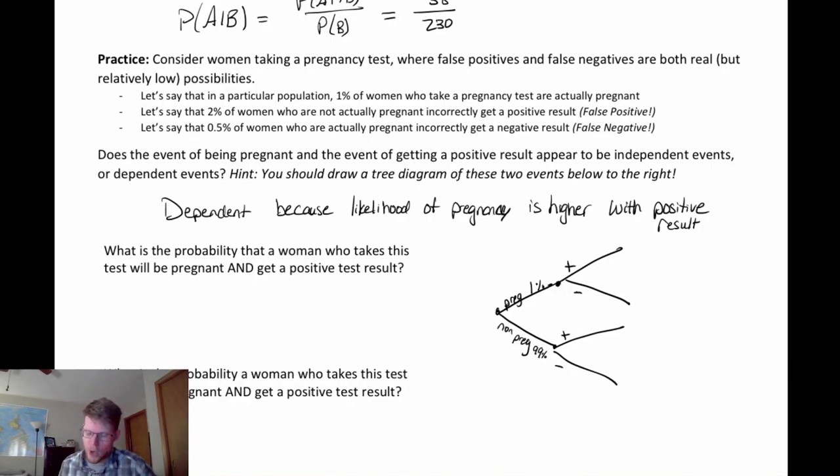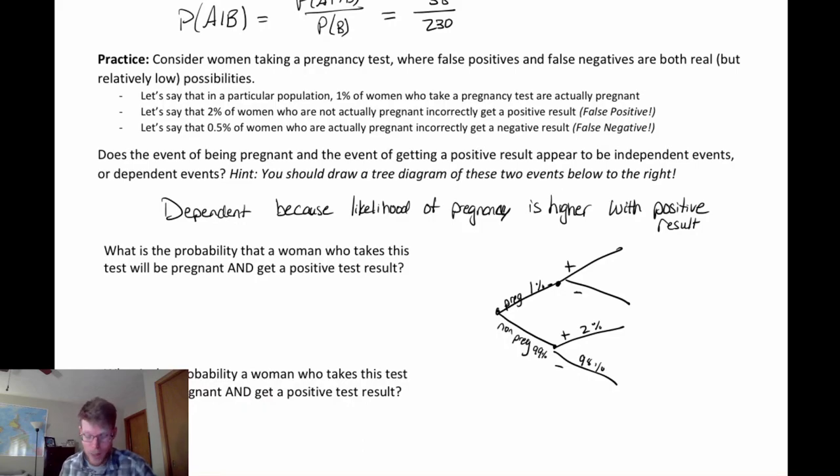We also know that 2% of women who are not actually pregnant will get a false positive. So we have 2% going this way, and the other 98% will correctly get a negative test result.